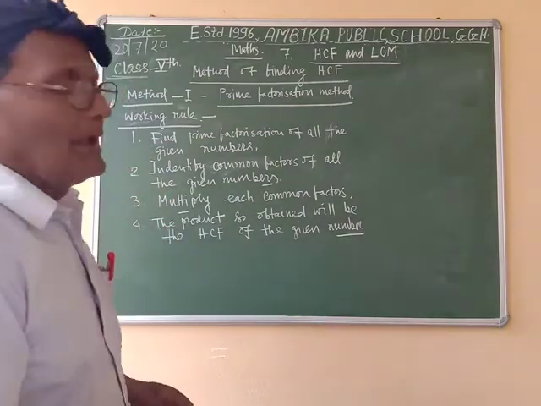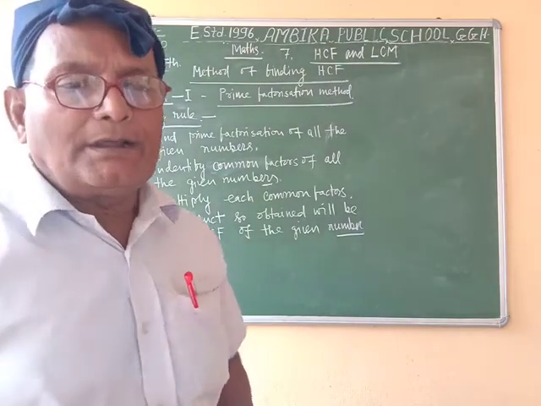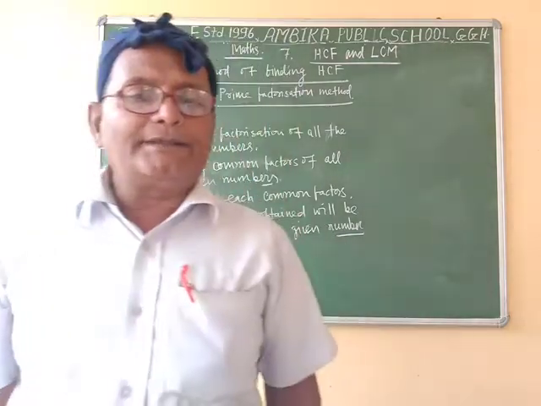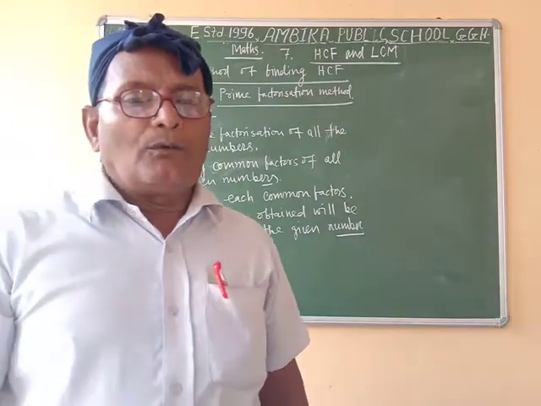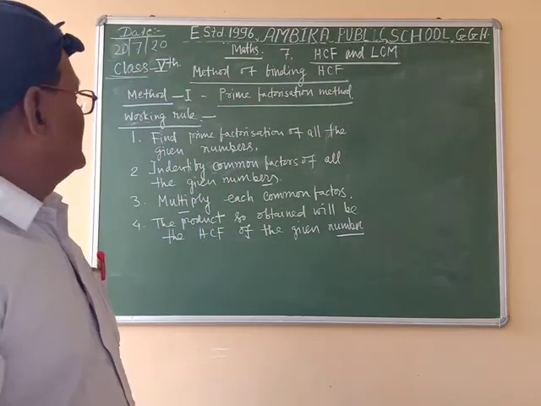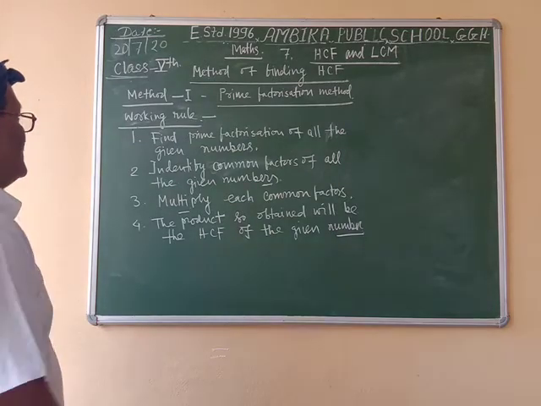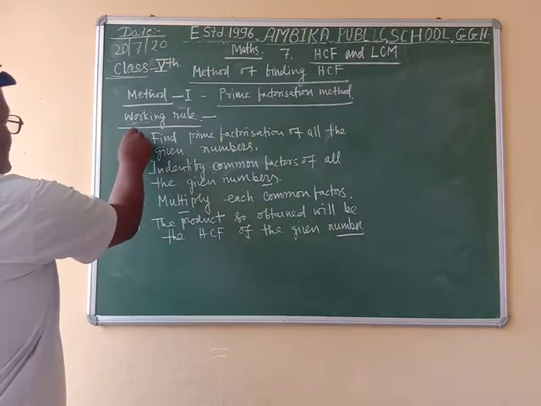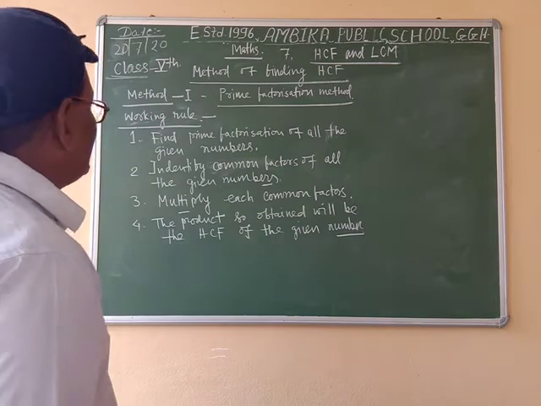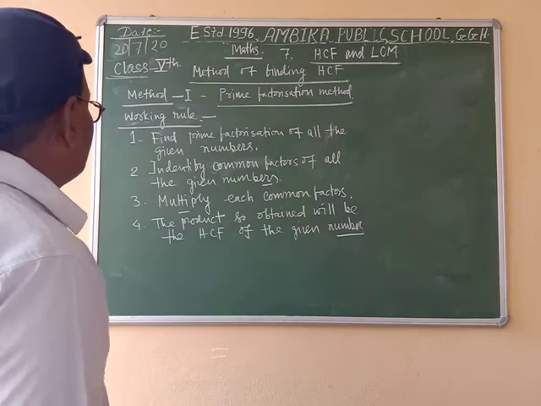So by the prime factorization method we can find the HCF. Working steps are given below. According to the first working rule, find the prime factorization of all the given numbers.